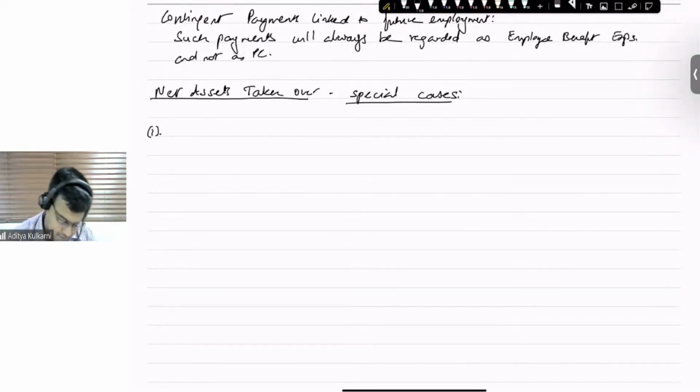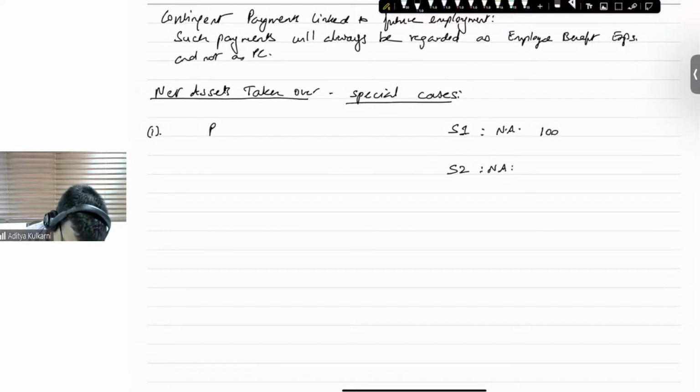Please pay attention. P has an option to acquire S1. P has an option to acquire S2. In S1's case, net assets is 100. In S2's case also, net assets is 100.